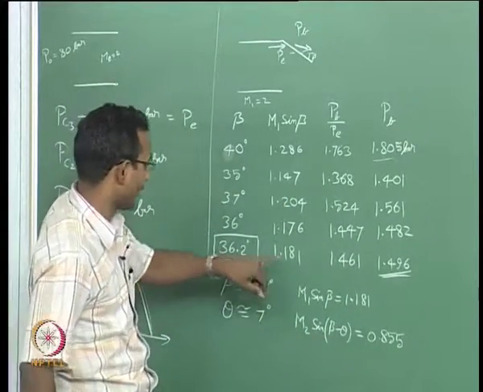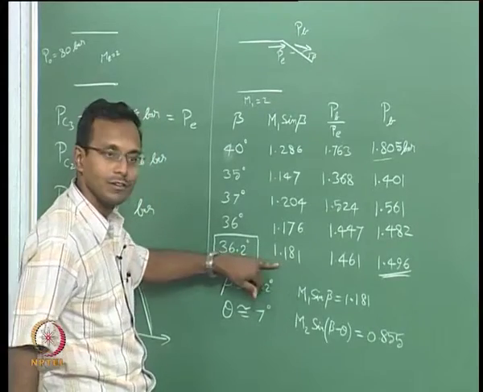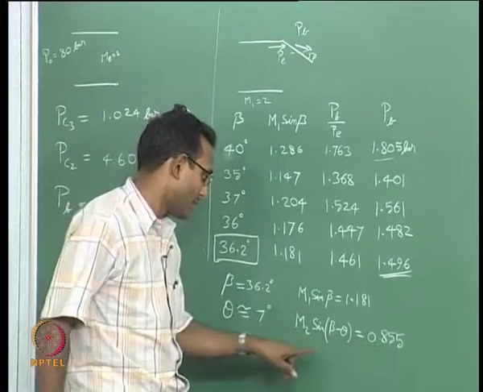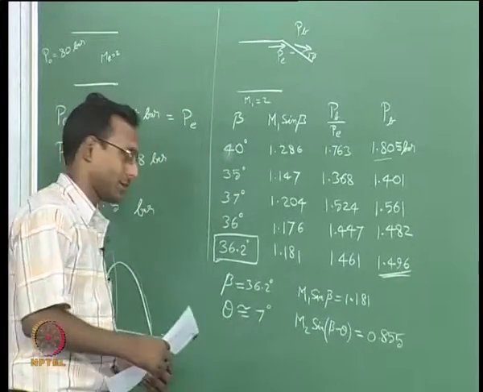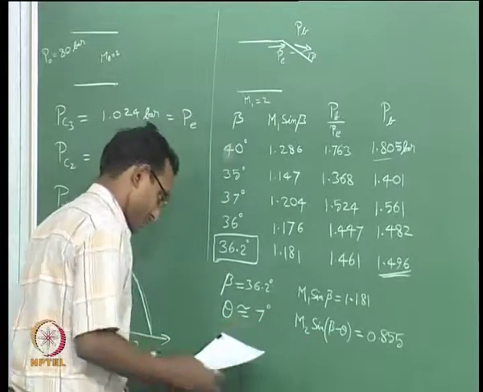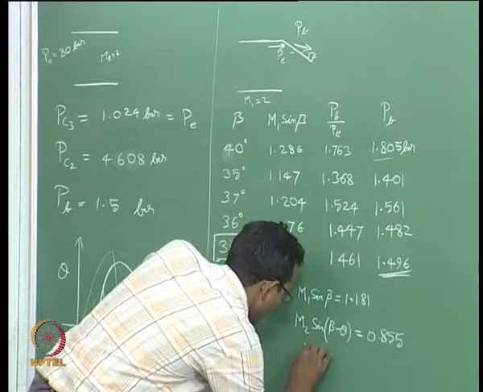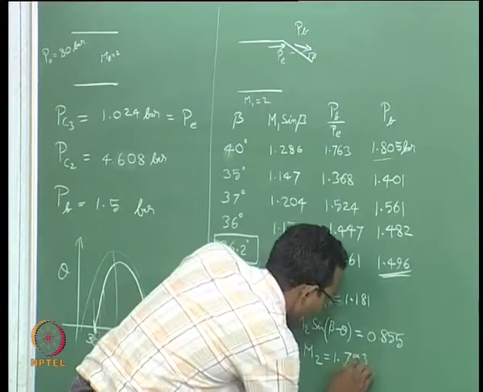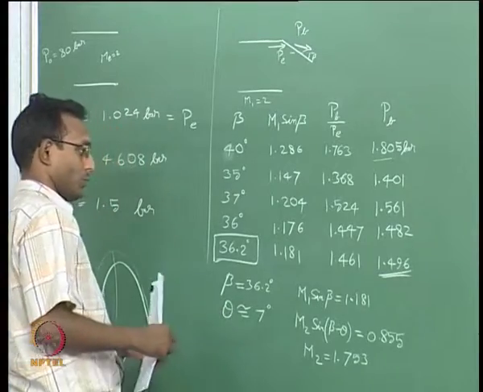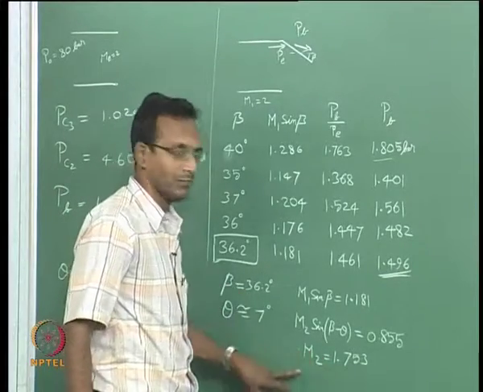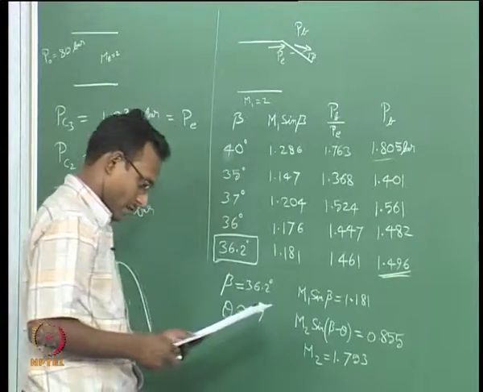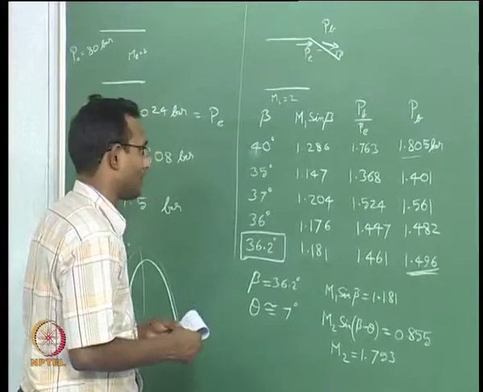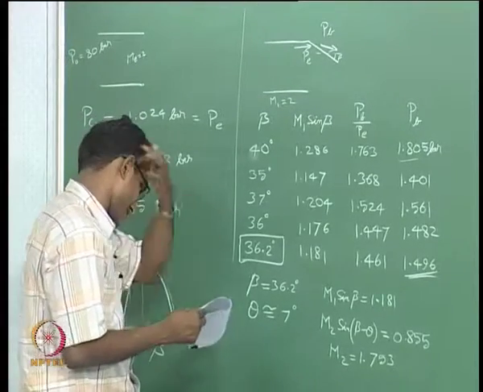From the normal shock tables, looking at this number as the incoming Mach number, find out the outgoing Mach number, that should be the number put here, and now I have to get the actual M2 out of that. I know my beta and theta, I can get M2, that M2 value happens to be 1.753, which means I started with M1 equal to 2 and my M2 happens to be 1.753 after my oblique shock. We have done this kind of calculation already, so I am just going a little faster, and also it involves a lot of iterations, so I just went a little fast.